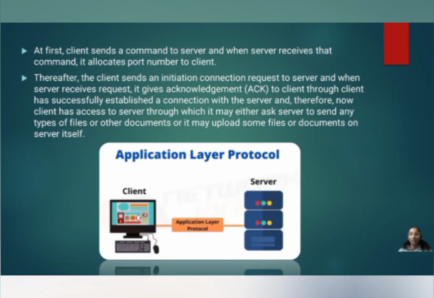To the client, the client has successfully established a connection with the server, and therefore now the client has access to the server, through which it may either ask the server to send any type of files or other documents, or it may upload some files or documents on the server itself.